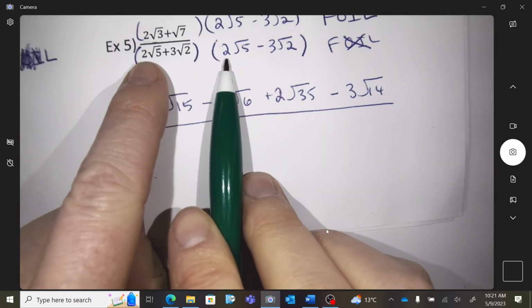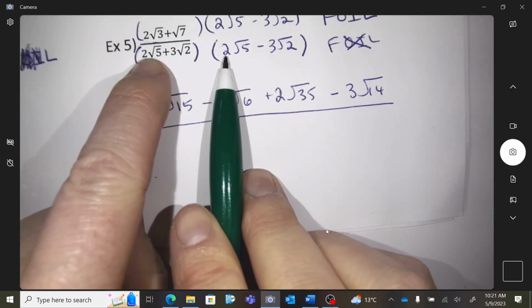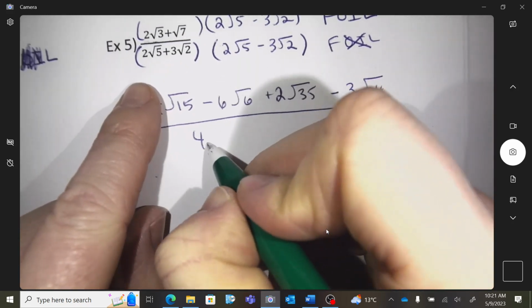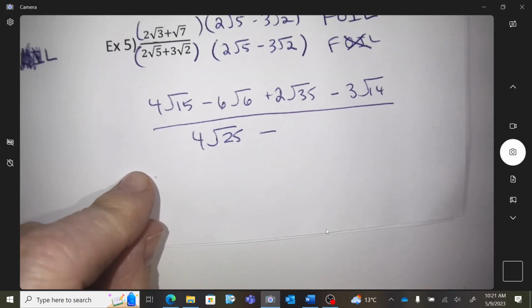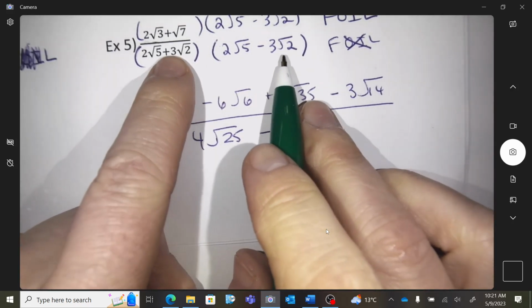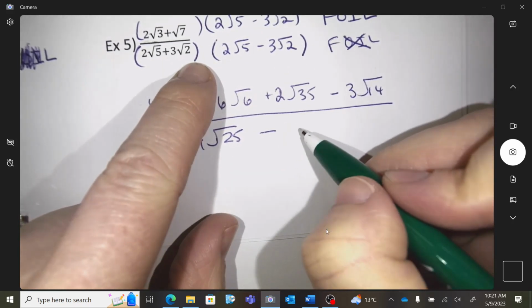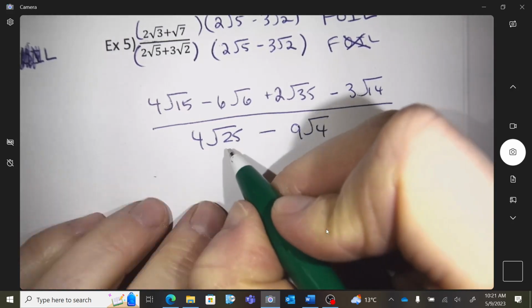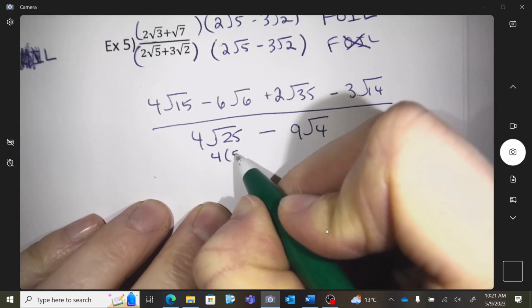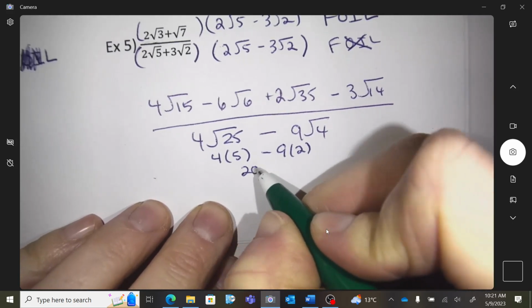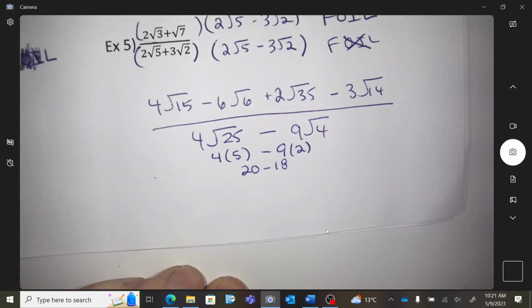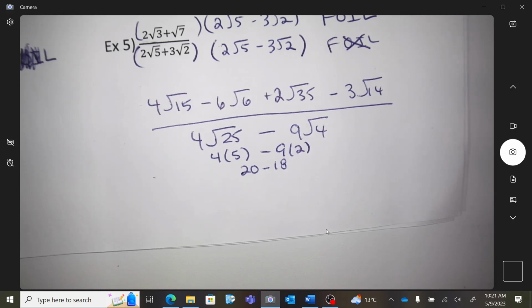Okay, how did our FOILing go on the bottom? So this would be 4 whole number root 25, always a minus, 9 root 4. So 4 times whole 5, 20 minus 18. So the whole bottom should have come out to just the number 2.